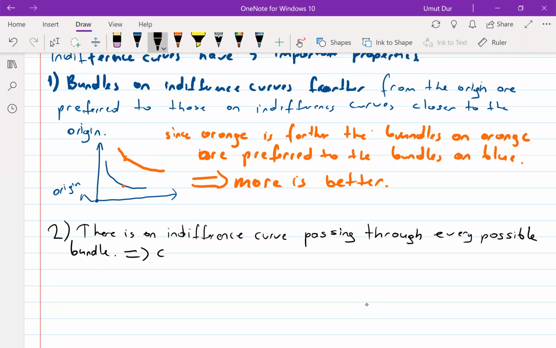This follows from the completeness assumption, which requires that you should be able to rank all the bundles.